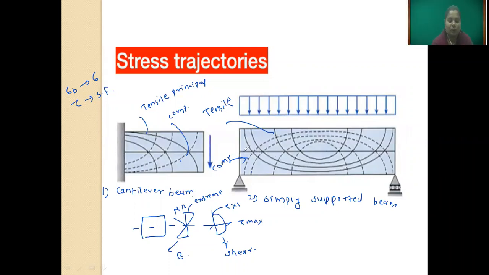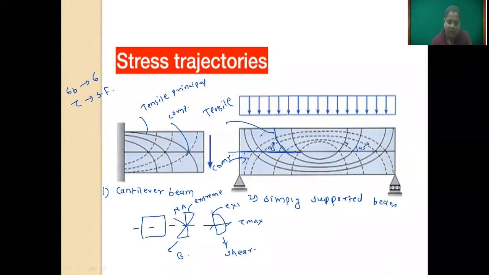Every trajectory crosses the longitudinal axis. So this is our longitudinal axis, and this trajectory makes a 45 degree angle with the longitudinal axis. So this solid line and this dotted line create a 90 degree angle between them, and this stress trajectory line creates a 45 degree angle with respect to the longitudinal axis.